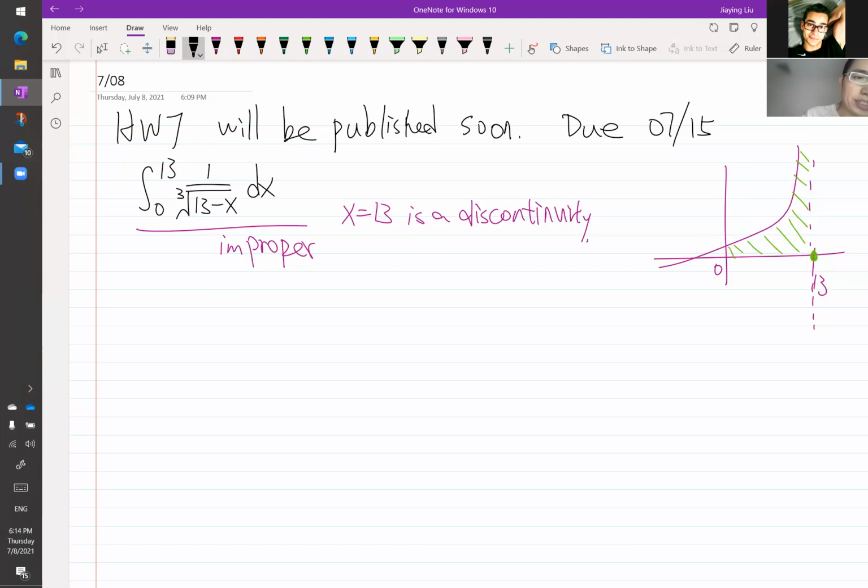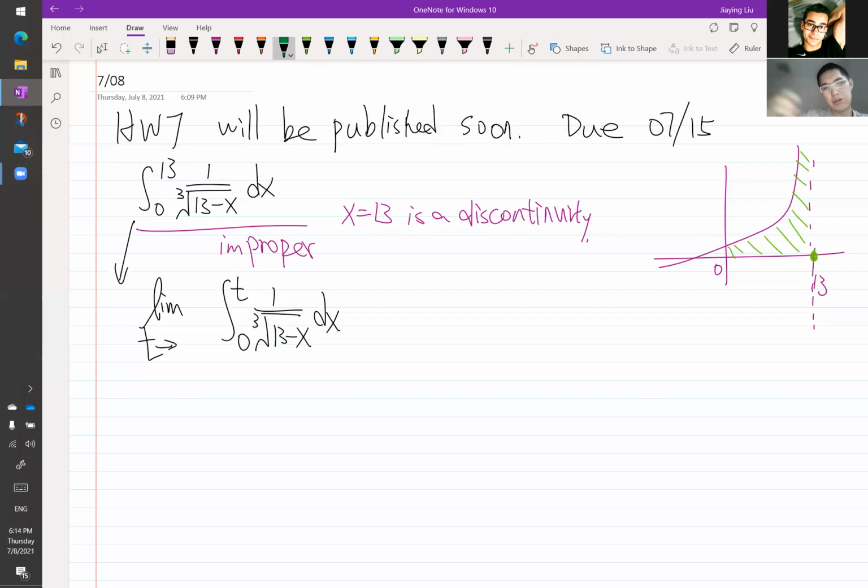That means that the first step is to rewrite this integral using the limit definition. So that'll be the limit as t goes to a number. 13 is a discontinuity, so we're going to replace it with t. So integral from 0 to t of 1 over cube root of 13 minus x dx. And the limit of t always goes to that discontinuity, right?